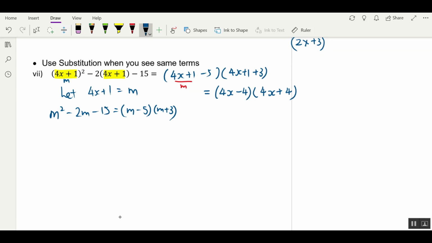Because in 4x minus 4 we can take out a 4, this will be 4 bracket x minus 1, and this guy will be another 4 bracket x plus 1. 4 and 4 multiply, so the answer will be 16 times x minus 1, x plus 1. Okay, so if you see like terms inside the bracket, use something else to substitute it away.